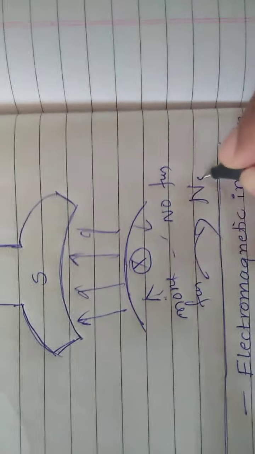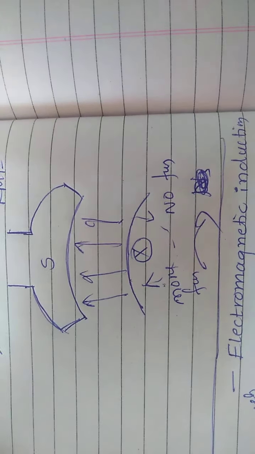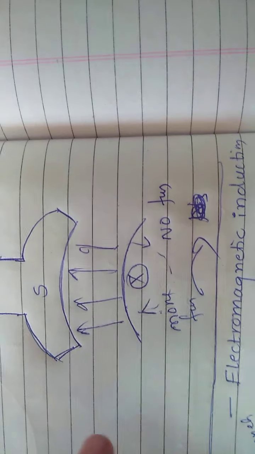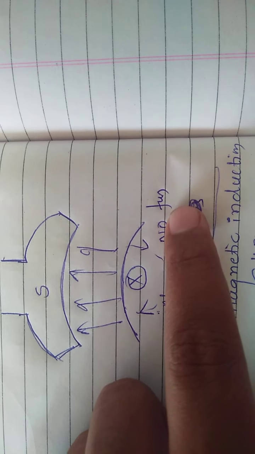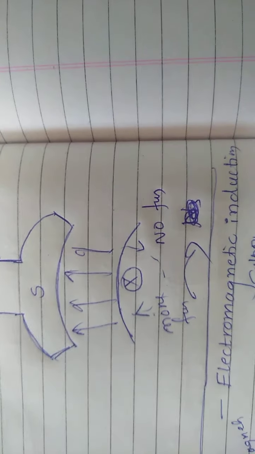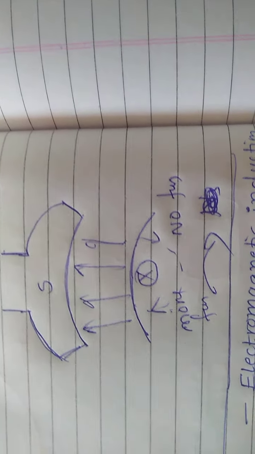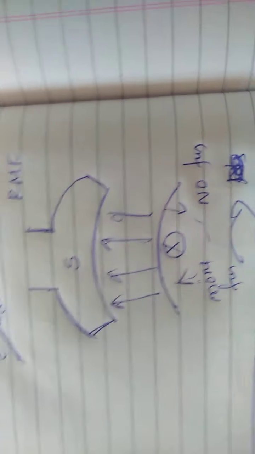Then the motor rotates with some speed, less than Ns. So the motor rotates from the more flux area to the no flux area. Like this, rotor rotates means the motor is operating. So that is the working principle.